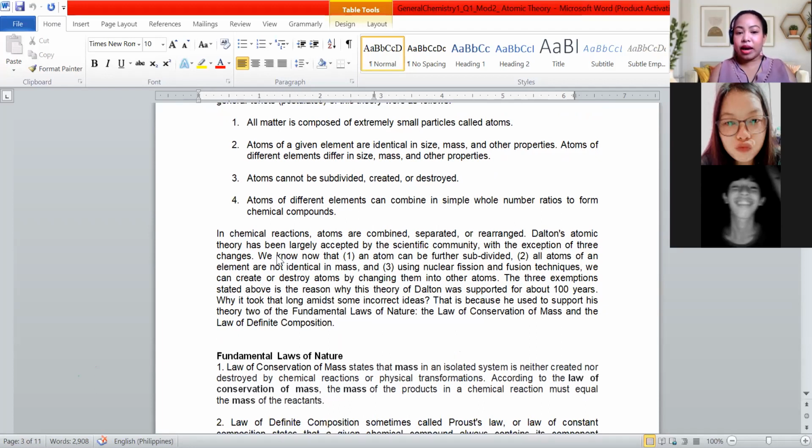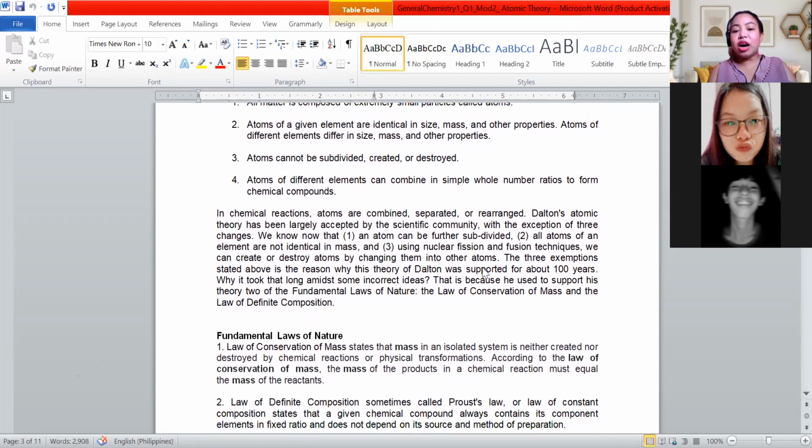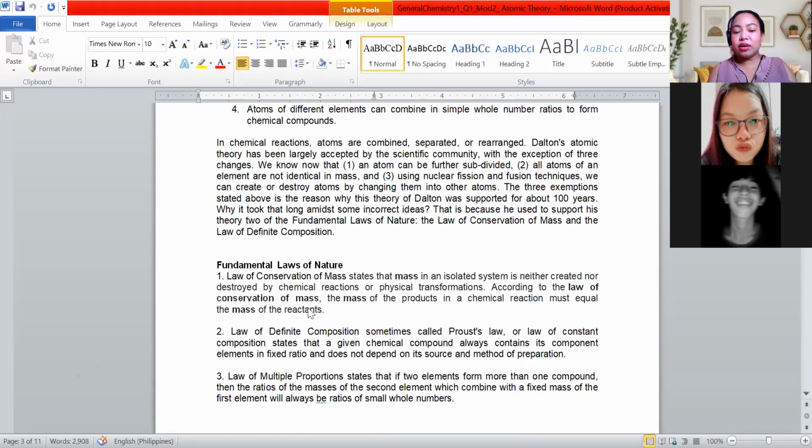Dalton's atomic theory has been largely accepted by the scientific community for about a century because of the law of conservation of mass and the law of definite proportion. So the fundamental laws of nature, one of which states that the elements, after they get into a chemical reaction, their mass is conserved.